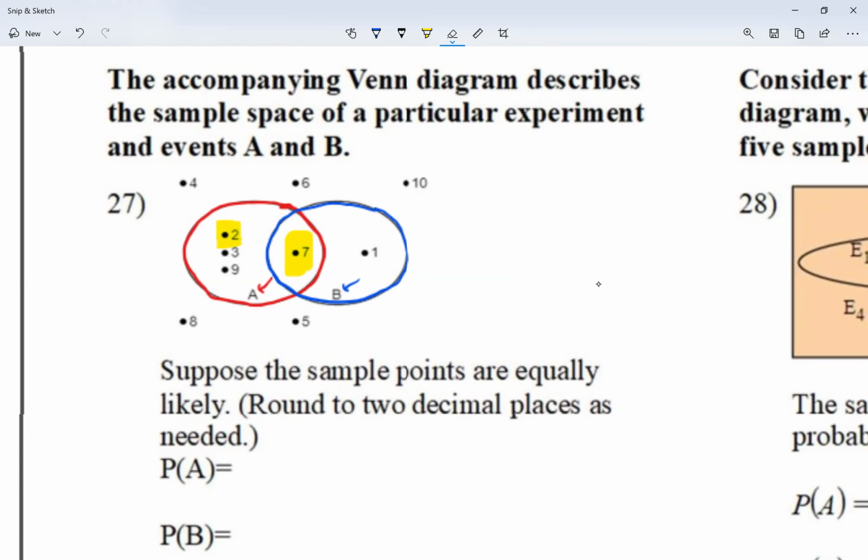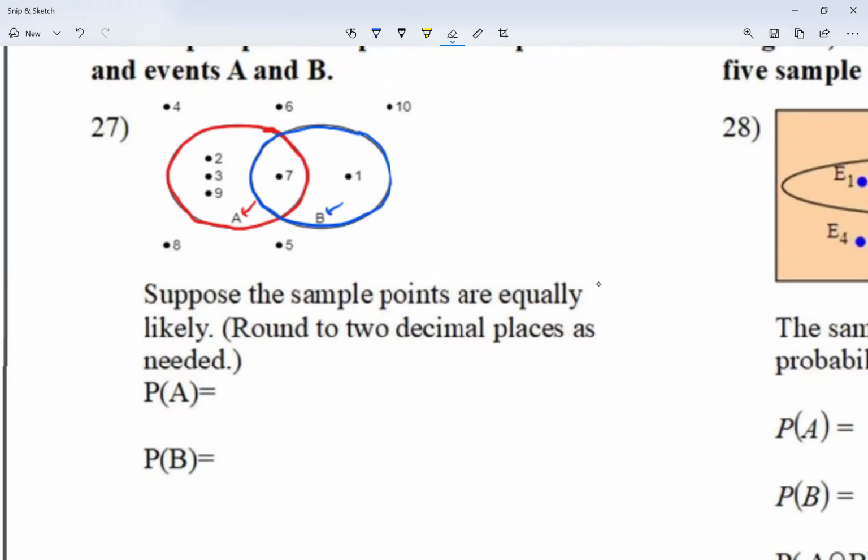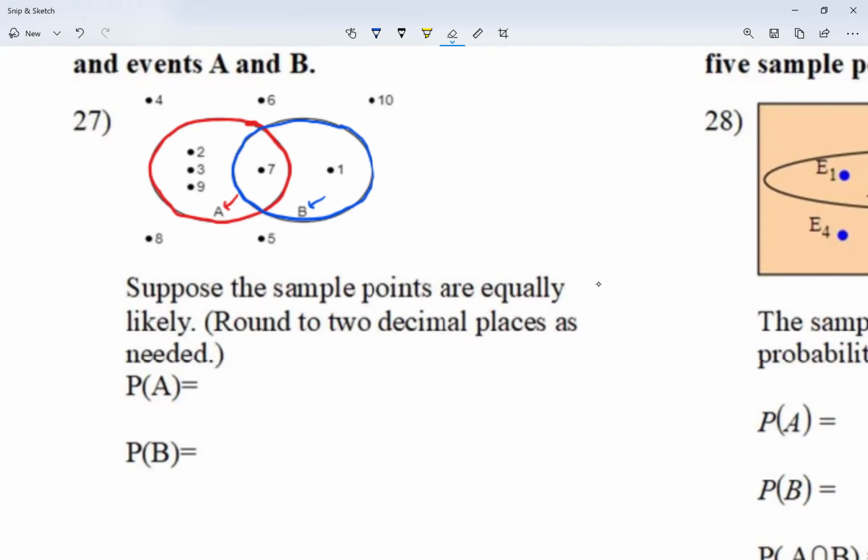Okay, so now that we see what happens with a Venn diagram, let me leave the labels in red and blue. So we see event A, we see event B, and obviously everything outside is not in either one. We see that it says, suppose that sample points are equally likely. So all the points have the same probability of being chosen. So I'm going to see how many points there are in total.